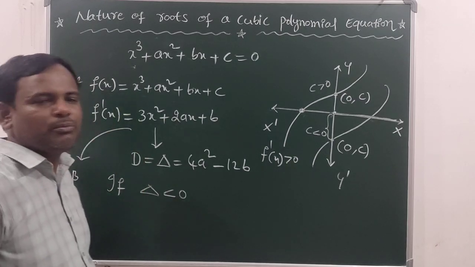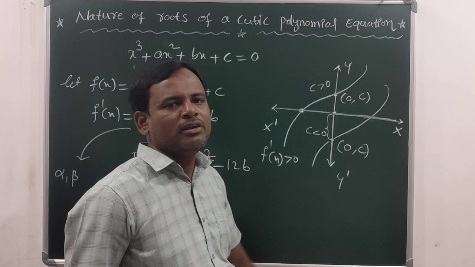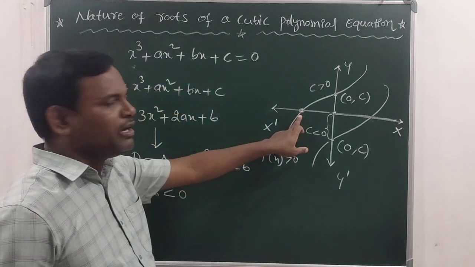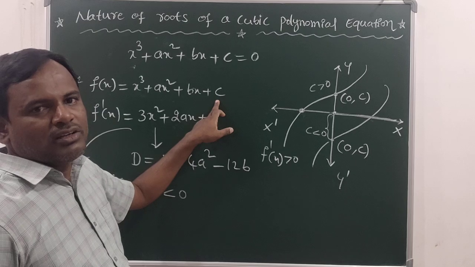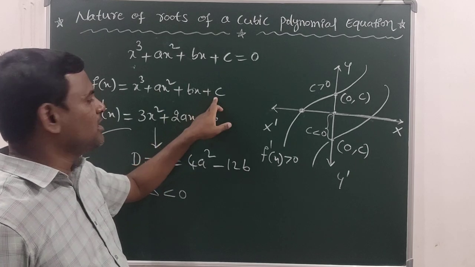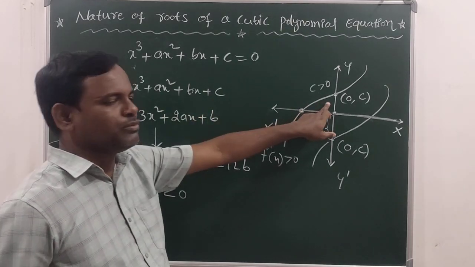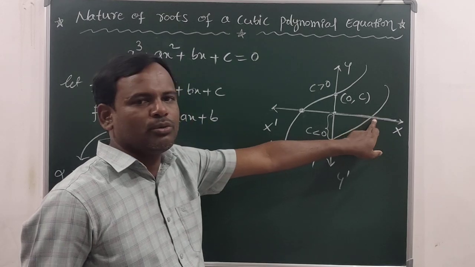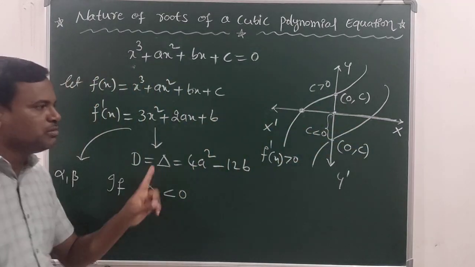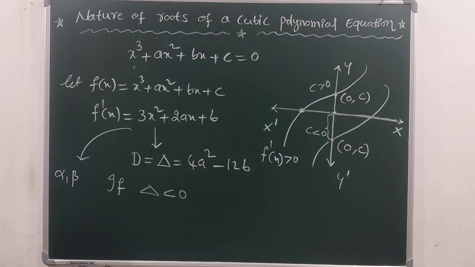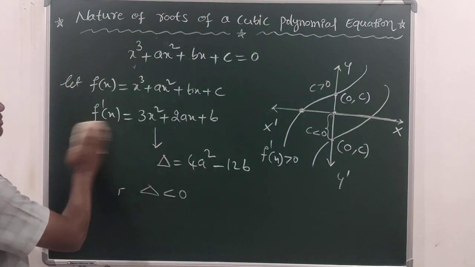This one root may be negative, may be positive. If it is negative, then this constant which is placed in the given equation is positive. If it is a positive real root, then this c must be negative. Observe that.